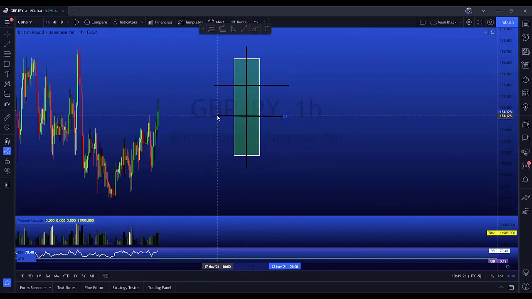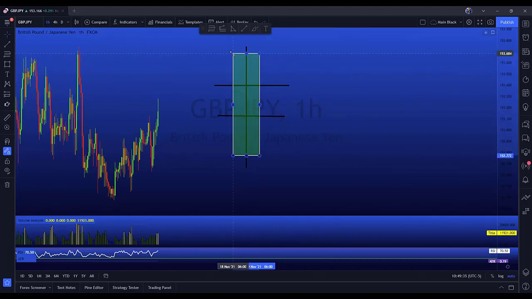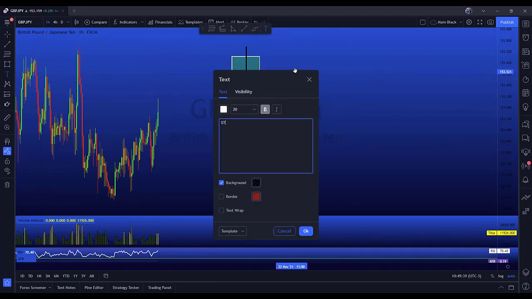Keep in mind, remember what this candle represents. This is movement. In this specific candle, which is green, this is a bullish one, which means we started down here and we ended up here. So if we have a close in the upper third of our candle, this is going to be a strong bullish candle.